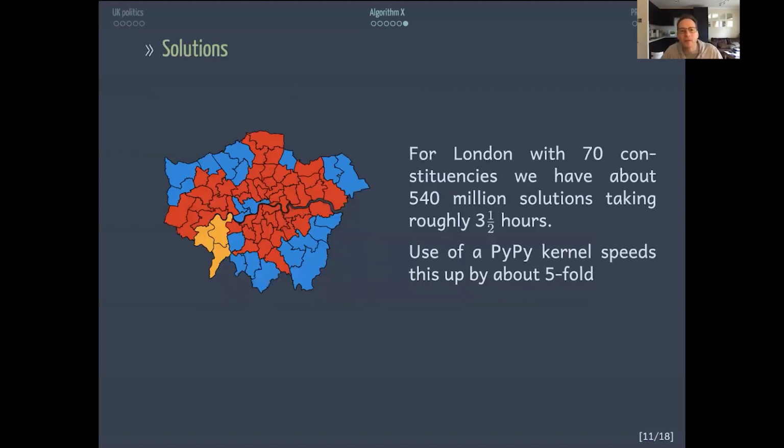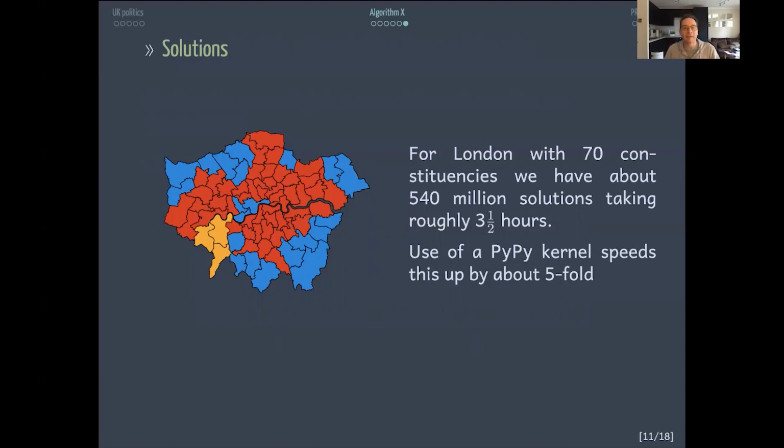Now, just to give you a rough idea of the sort of numbers we were dealing with here, for London there are 73 constituencies. If I wanted to merge 2 neighbouring constituencies together, I would obviously have to have an even number. The way I did this, I removed a 3-way neighbour, one at random, and then I was left with 70 constituencies.